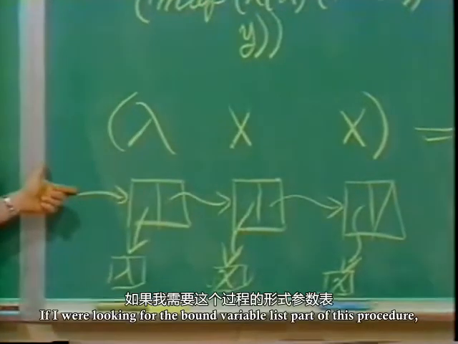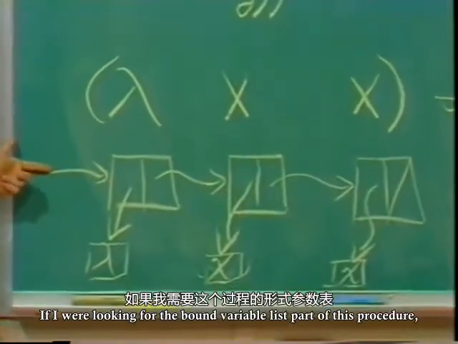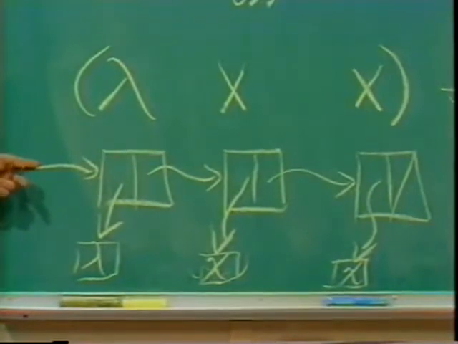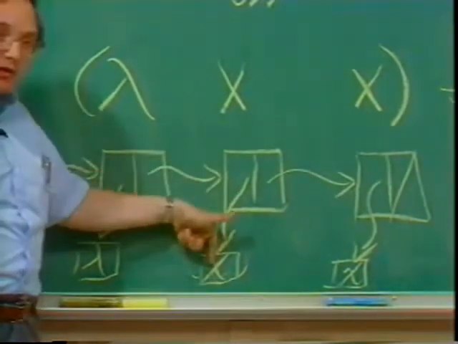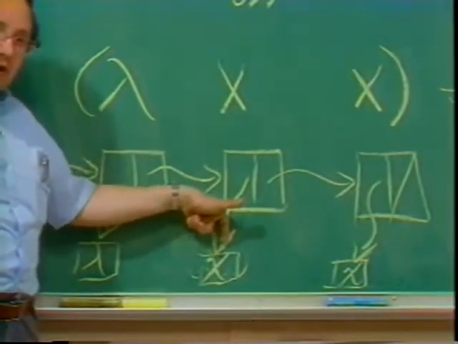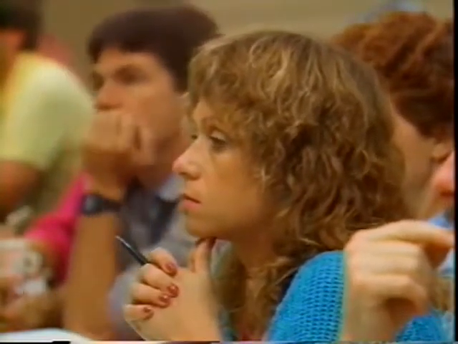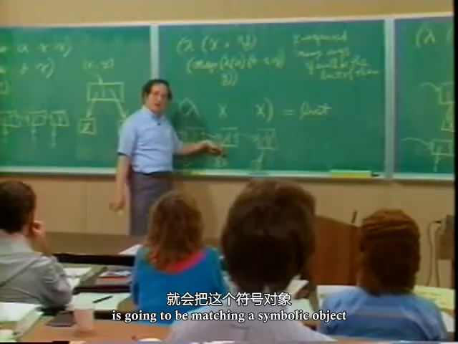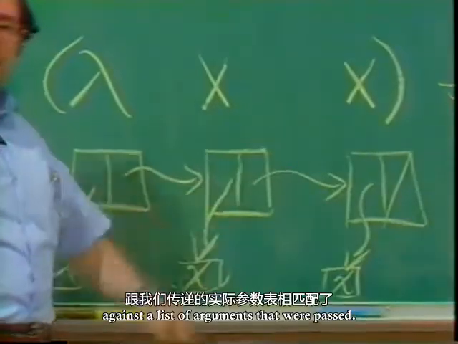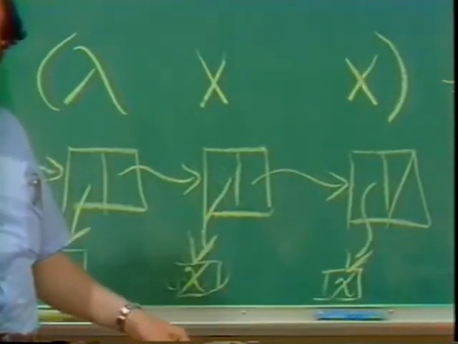Okay? If I were looking for the bound variable list part of this procedure, I would go looking at the cadr, and I'd find a symbol. So the matcher, which is this pair-up thing I just showed you, is going to be matching a symbolic object against the list of arguments that were passed.